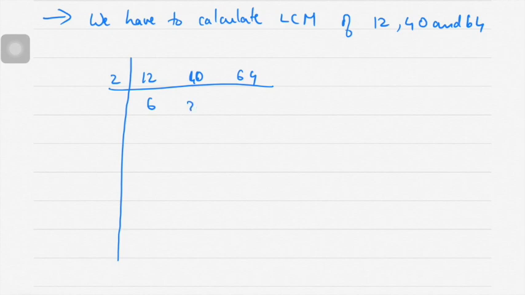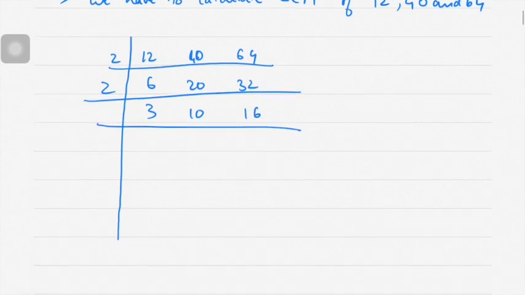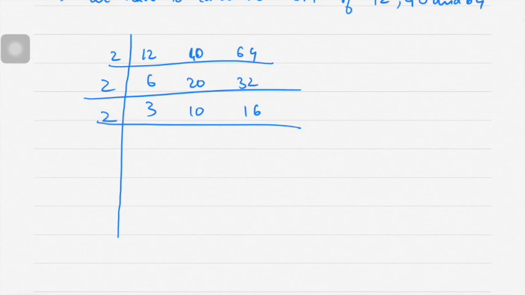12, 40 and 64. 2 6s are 12, 2 20s are 40, 2 32s are 64. 2 3 I'll write as it is, 2 5s are 10, 2 8s are 16.